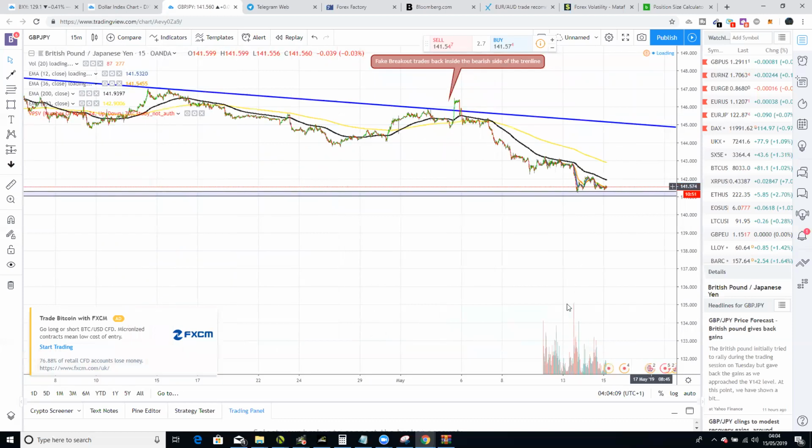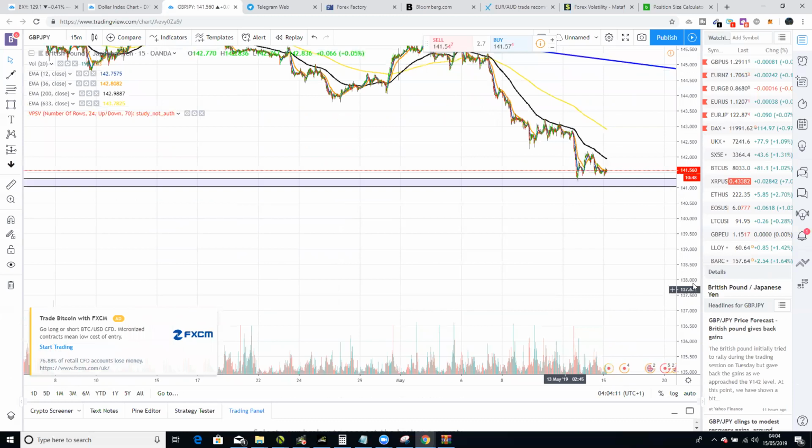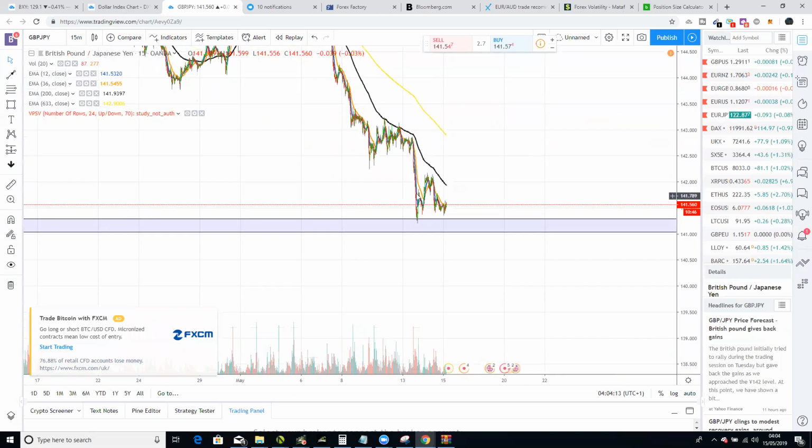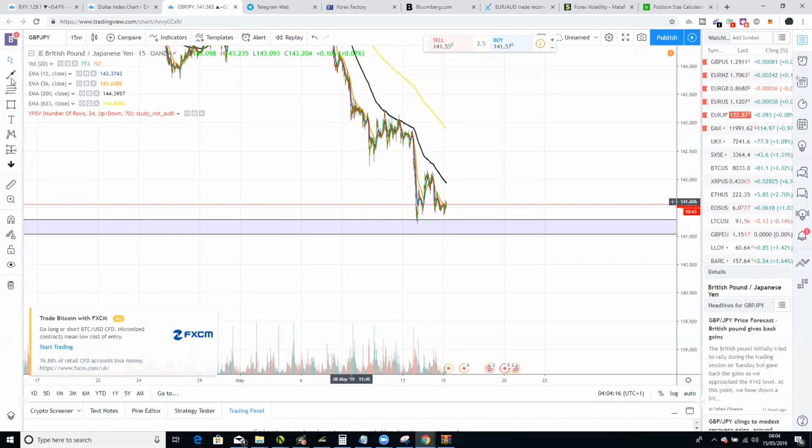So let's look at this. Now I have a serious move back down, which is that particular move. Now I have a retracement back up.